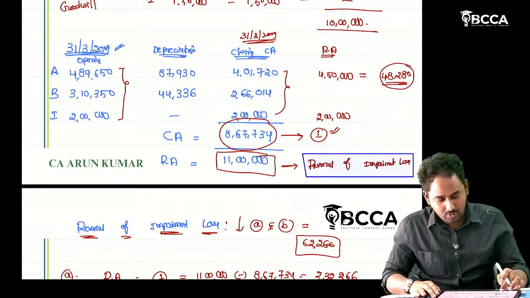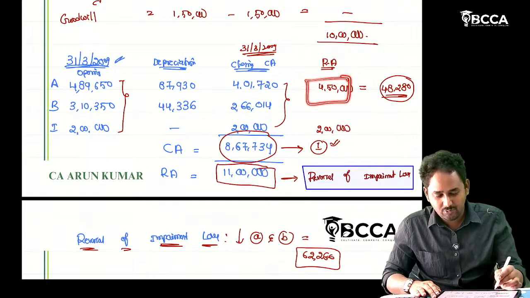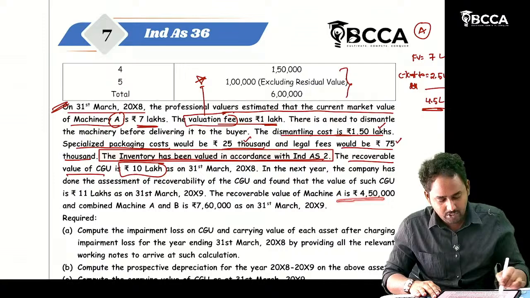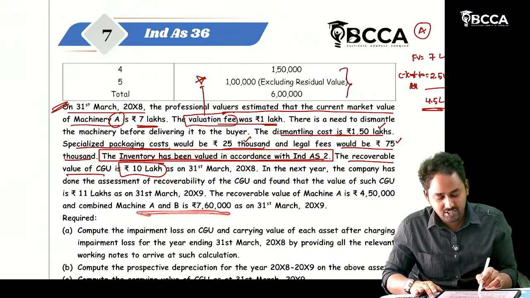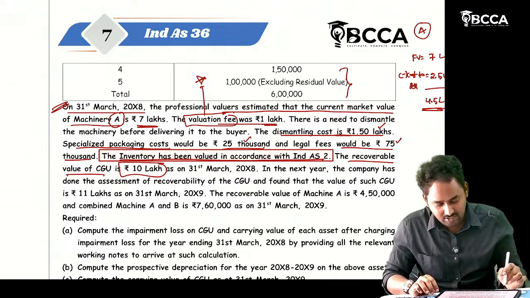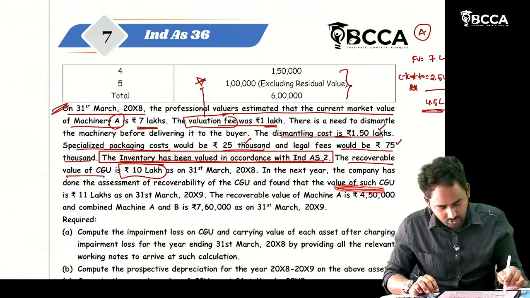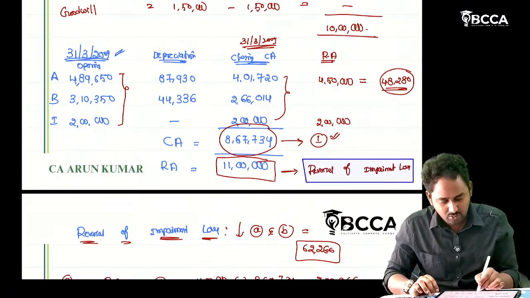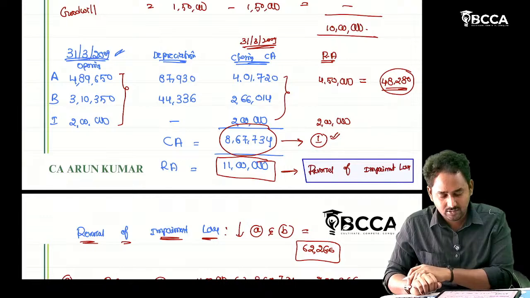Then what is the recoverable amount of machinery A? It is 4,50,000, it has been given directly. The recoverable amount of machinery A and B is 7,60,000. And the value of the total CGU, recoverable amount, is 11 lakhs.